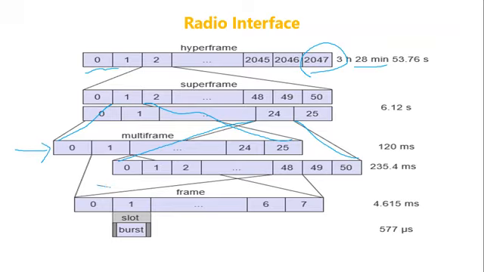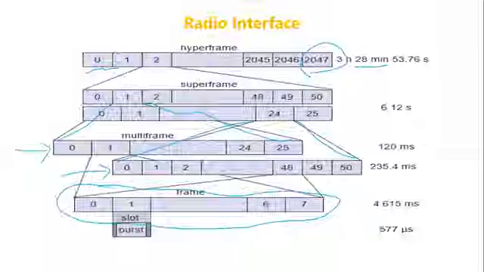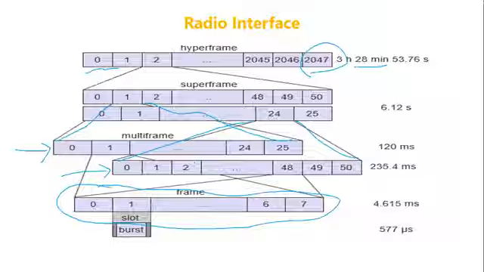So we started with the frame. The frame can have 8 slots. Okay, if you combine 26 frames, that is called one multi-frame. If you combine 51 frames, that is called one control multi-frame. If you combine 26 frames of 51 multi-frame, that is called one super frame.